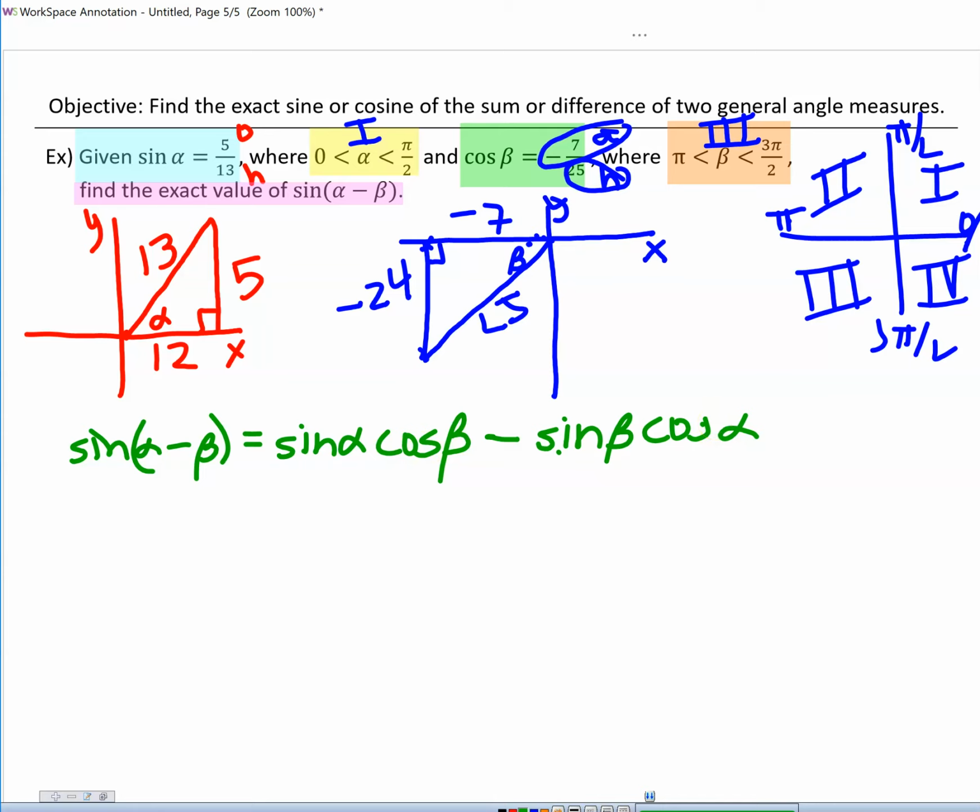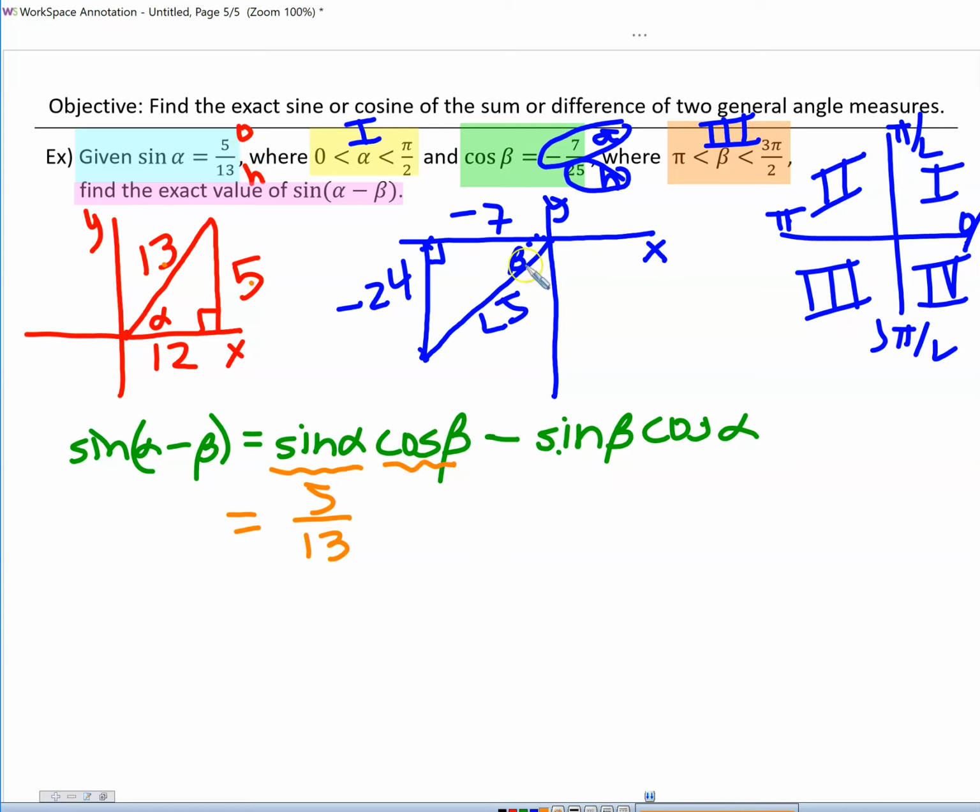All right, so now we're going to take our triangles and apply our definitions for sine and cosine and write down the values. Sine of angle alpha would be our 5/13, opposite over hypotenuse. It's also given to us, but from the triangle's perspective.